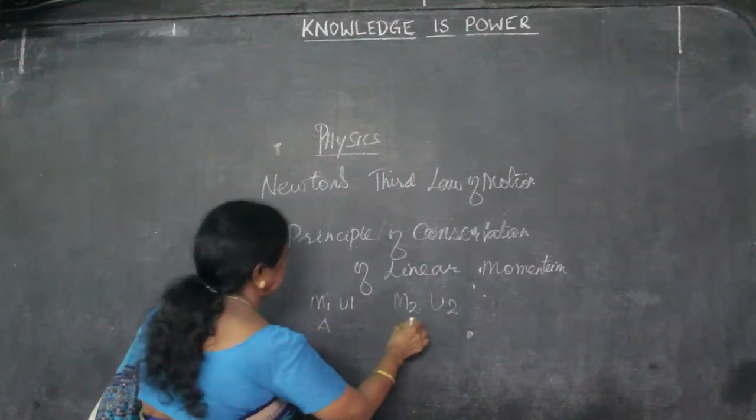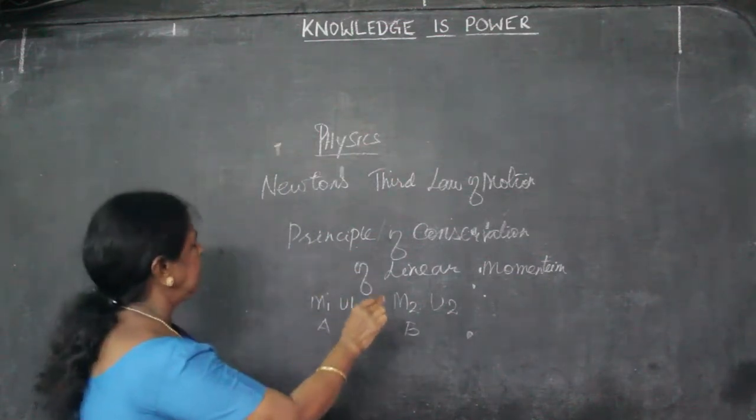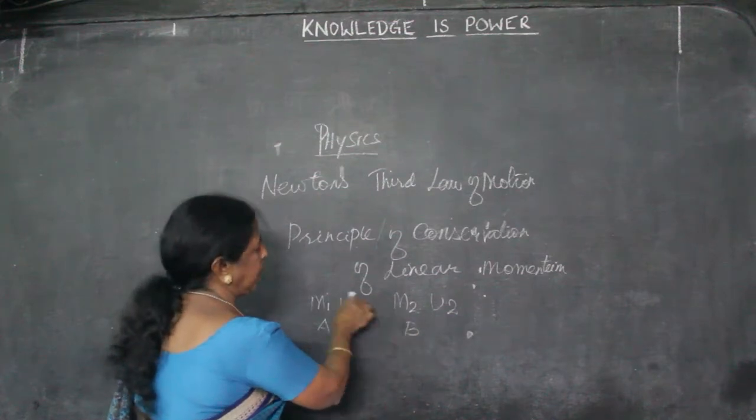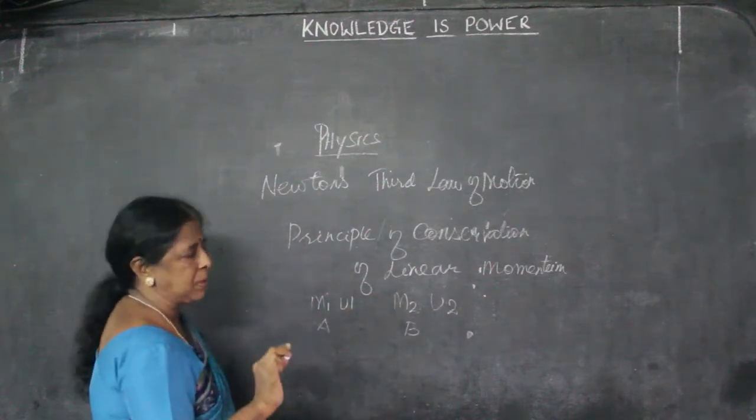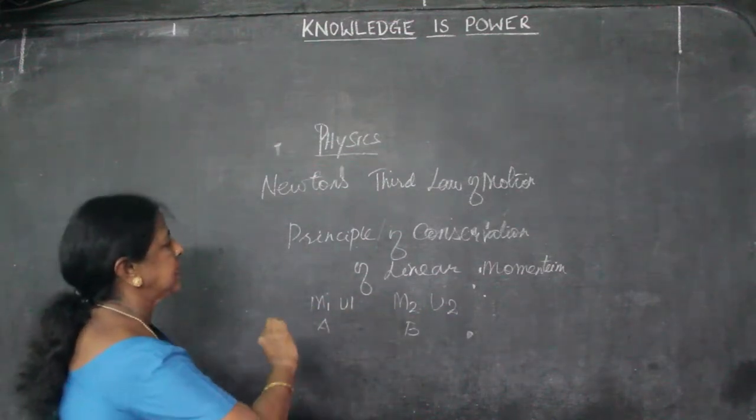m1 is object A, m2 is B. A acts on B and both are conserved. Conserved means saving in the same line.